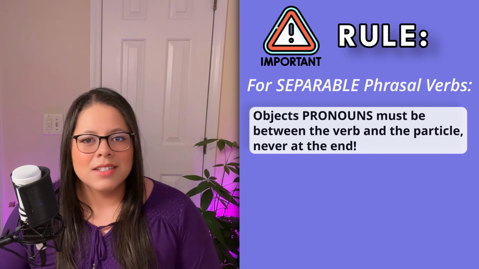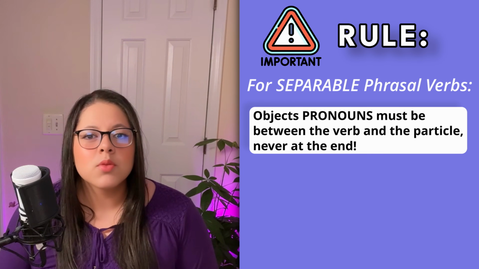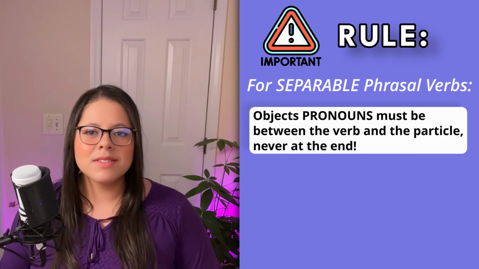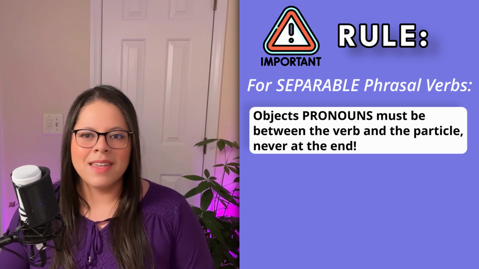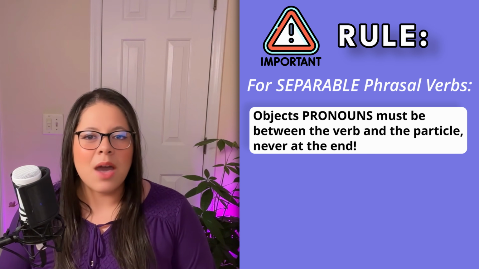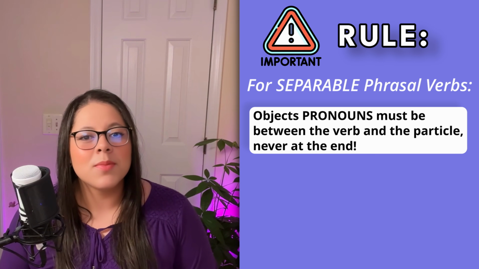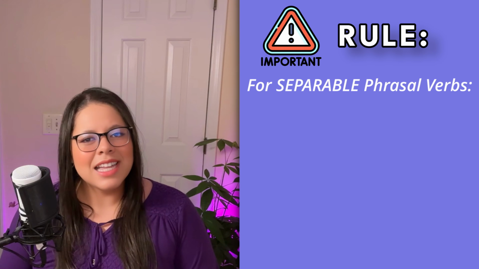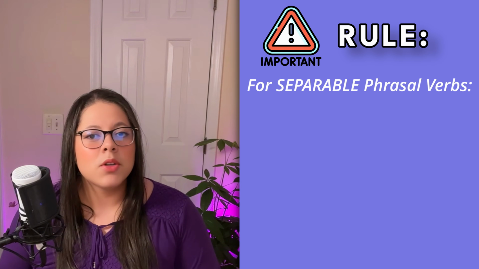No, sorry, because there's an important rule that you must know to use separable phrasal verbs correctly. If the object of a separable phrasal verb is a pronoun, then it must go in the middle. You can never put a pronoun at the end of a separable phrasal verb. Let's look again at the phrasal verb put on.